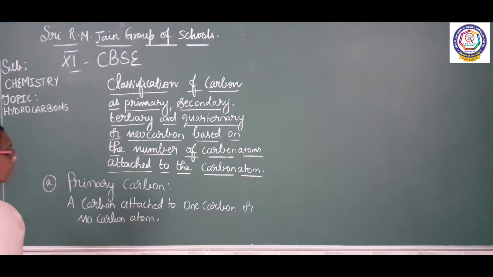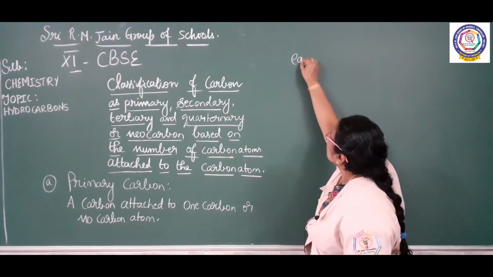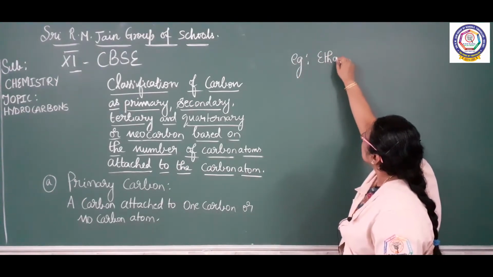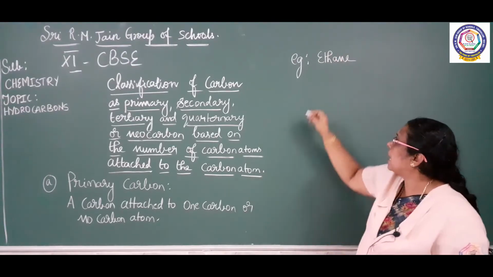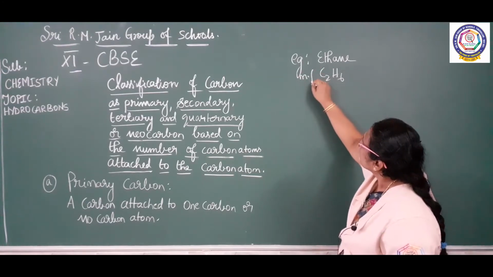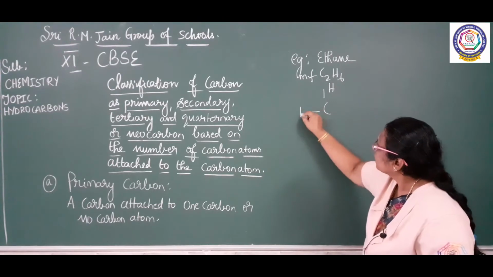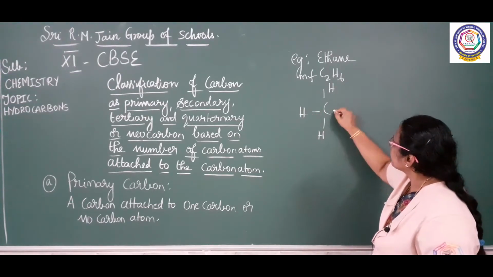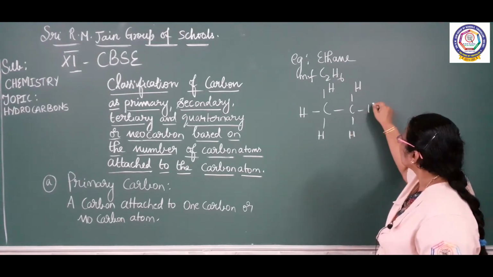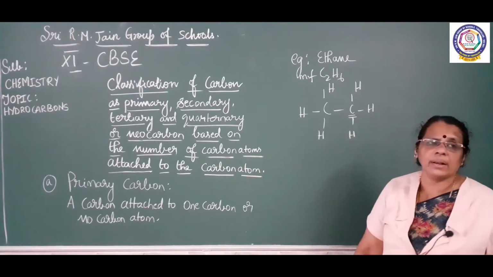For example, a compound like ethane. What is the molecular formula? C2H6. How will you draw the structure? CH3-CH3. See this terminal carbon.